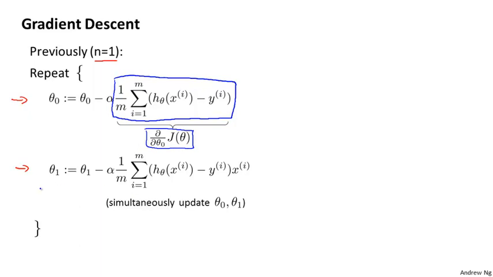And similarly, we had a different update rule for the parameter theta 1. There's one little difference: when we previously had only one feature, we would call that feature x i, but now in our new notation, we would call this x superscript i subscript 1 to denote our one feature.